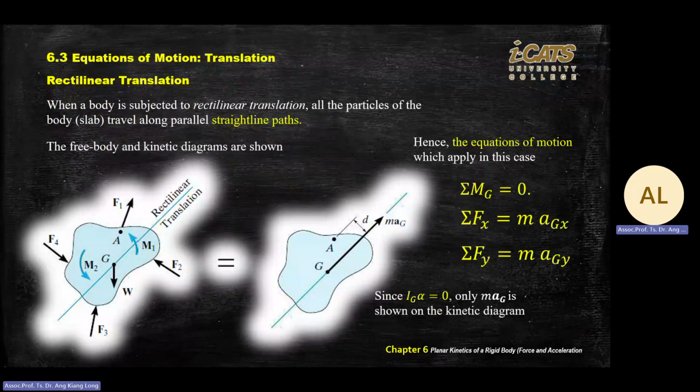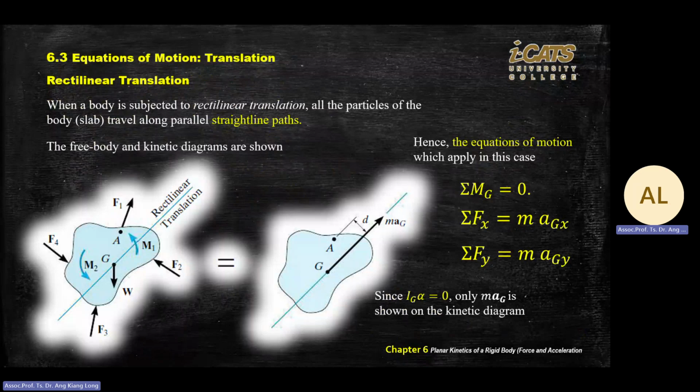So if you see a rectilinear object, you are using these three equations. The first one, the moment about G, will be 0. Second one, Fx equals MAx in the x direction. And in the y direction, Fy equals MAy. So if you're having rectilinear motion, you are using this one.